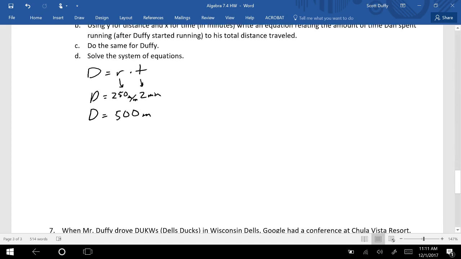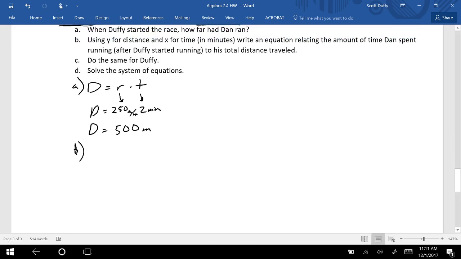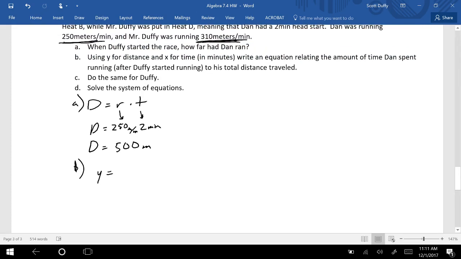So what we're saying is that Dan started, so that was part A, Dan started with a 500 meter head start. So I'm going to say that his distance, y, is equal to his rate, 250 times x, x being the time, plus the 500 meter head start.